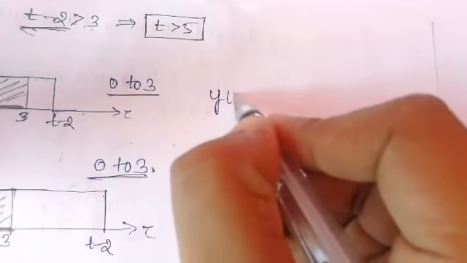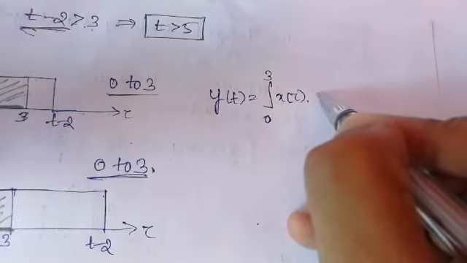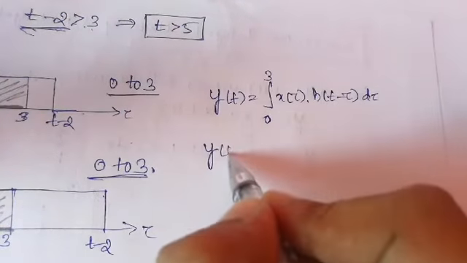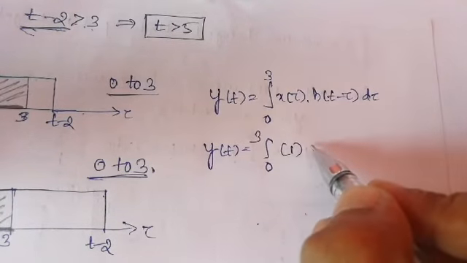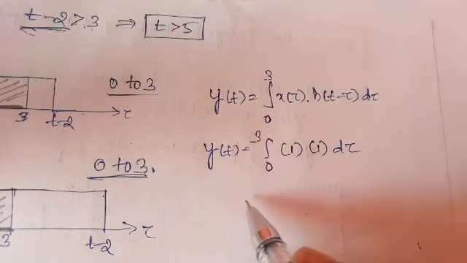y of t equal to integration 0 to 3 x of tau into h of t minus tau d tau. Hence y of t equal to integration 0 to 3, x of tau is 1, h of t minus tau is also 1, multiplied by d tau. Integration of 1 is tau.